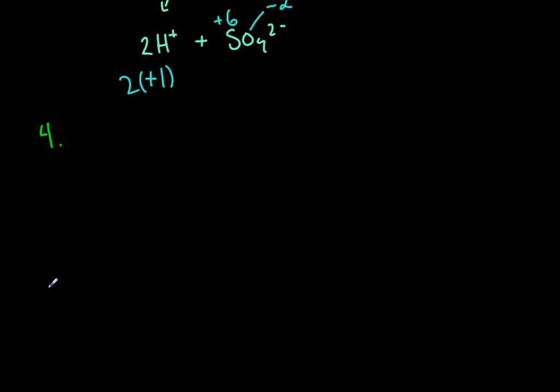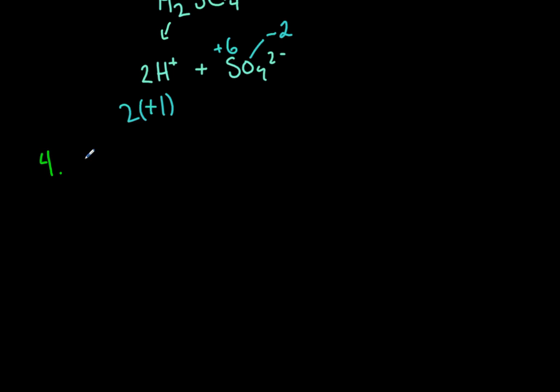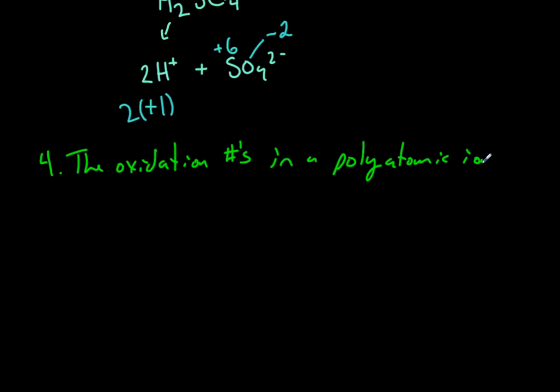The oxidation numbers of all the atoms in a polyatomic ion must add up to the charge on the ion. So that's sort of what I was doing here, adding up the oxidation numbers to the charge on the ion. Okay, so the oxidation numbers in a polyatomic ion must add to the charge on the ion.